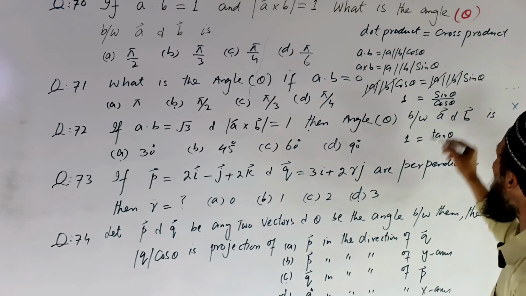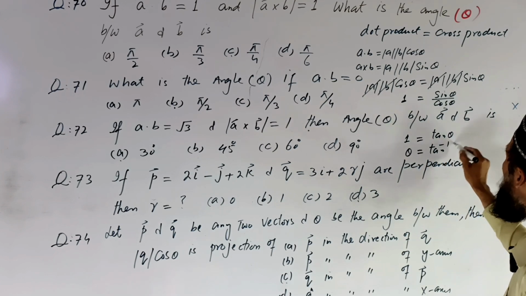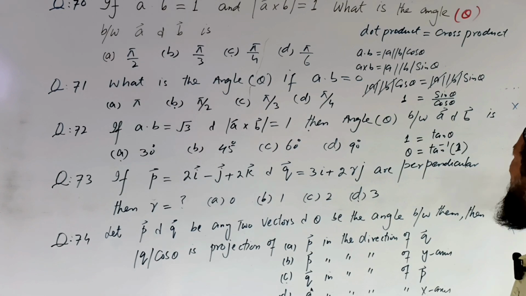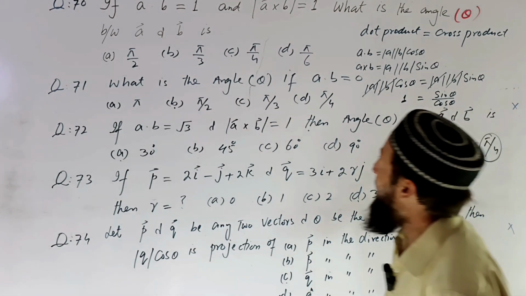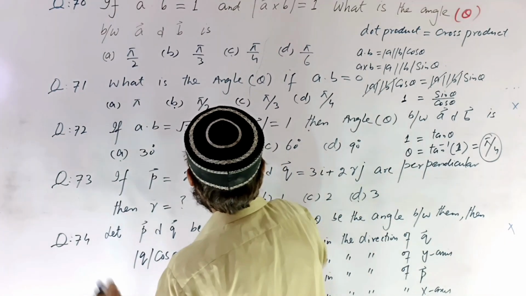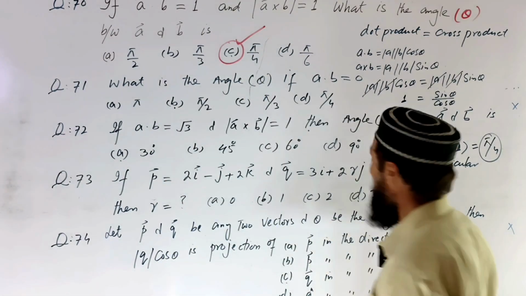Theta is required, so theta is equal to tangent inverse 1, which is equal to pi by 4. This option we have selected: C is the correct answer.